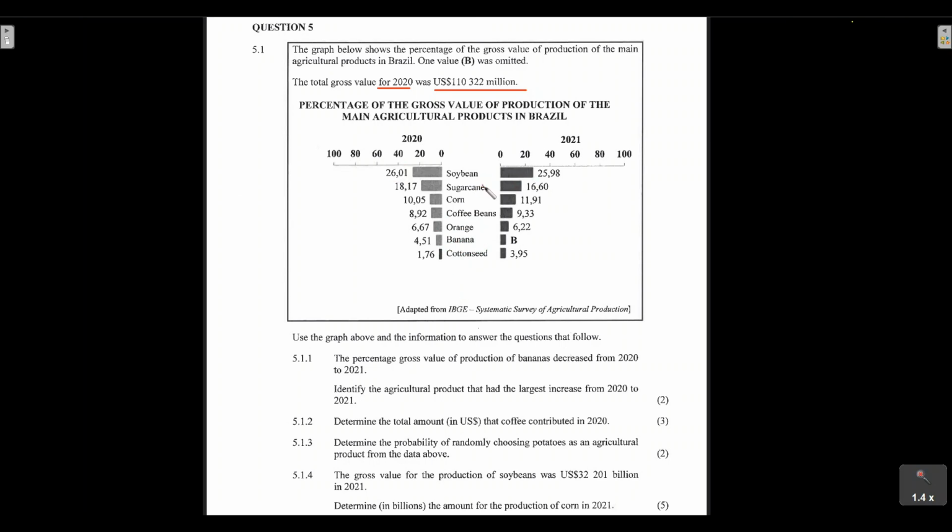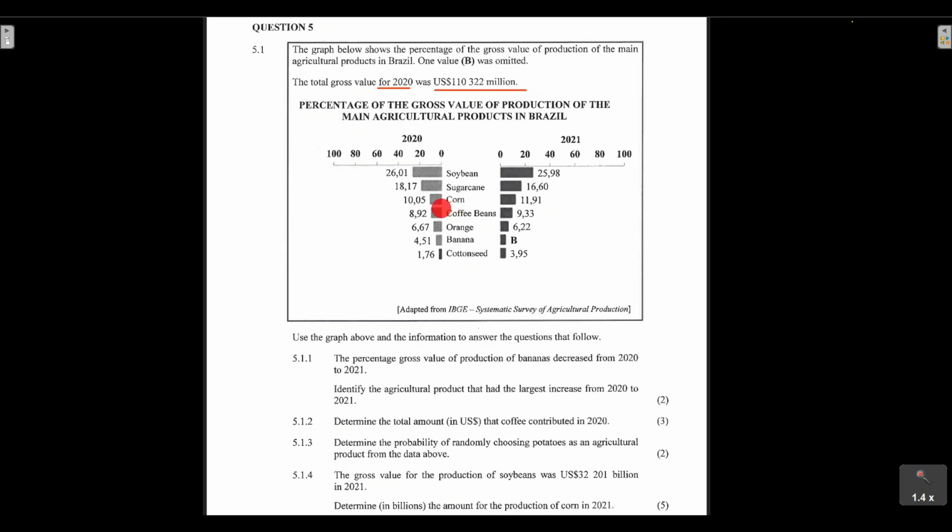How we interpret this information is that the percentage of the gross value of production for soybeans in 2020 was 26.01%. The percentage of production for sugar cane in 2020 was 18.17.